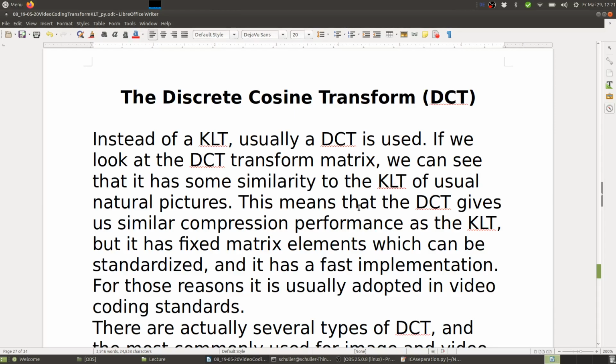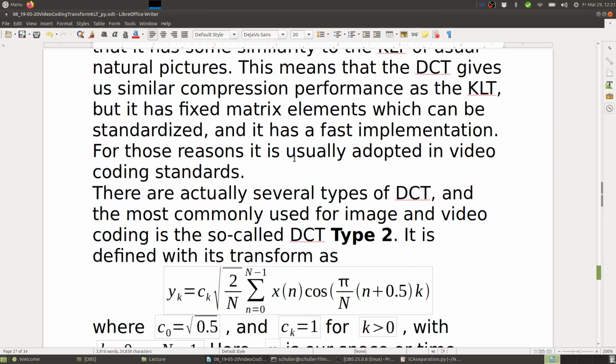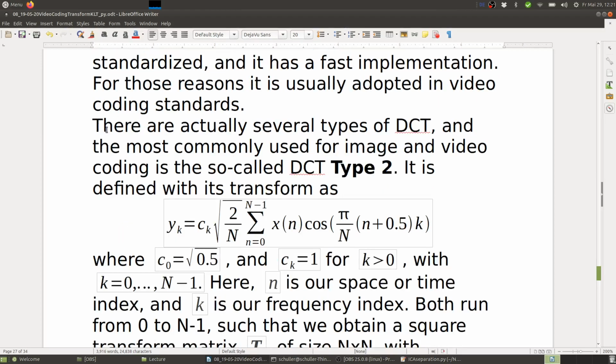This means that the DCT gives us similar compression performance as the KLT, but it has fixed matrix elements which can be standardized, and it has a fast implementation. For those reasons, it is usually adopted in video coding standards. There are actually several types of the DCT, and the most commonly used for image and video coding is the so-called DCT Type 2, as I mentioned.